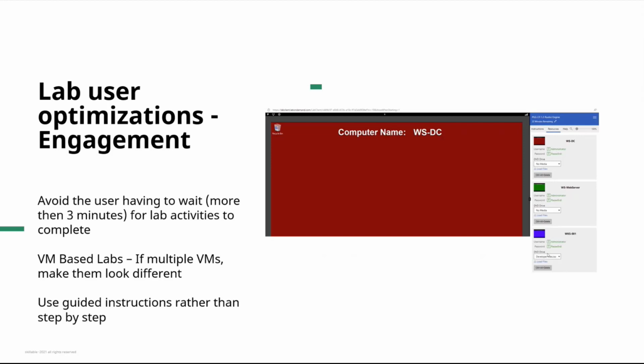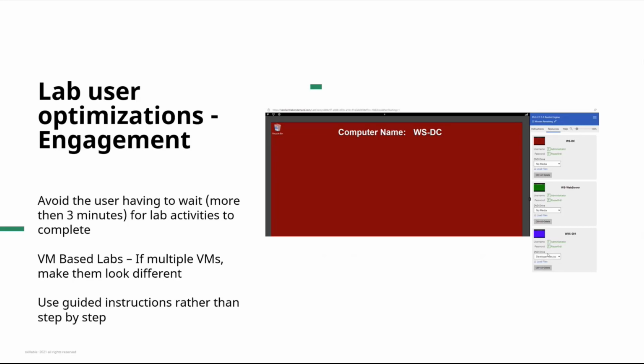And the other thing we would always say is, as a minimum, use guided instructions rather than step by step. Now, I appreciate organizations have their own instructional design philosophies, and as an organization, you have to stick to those.